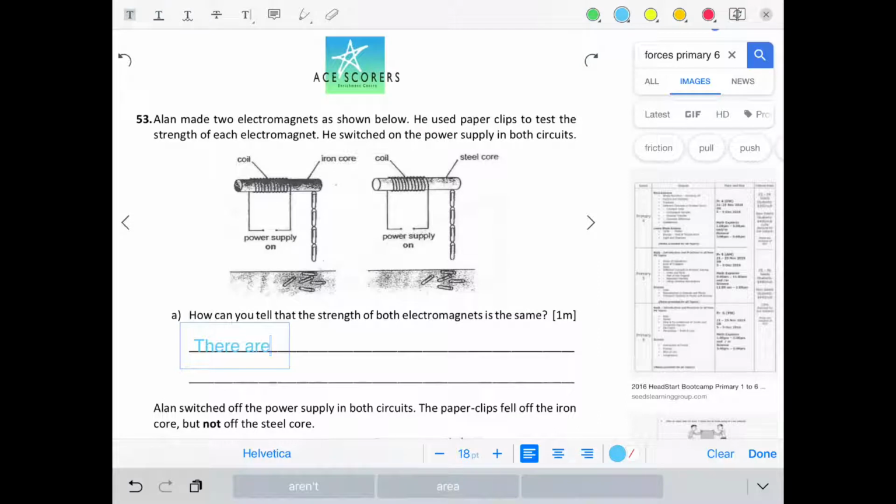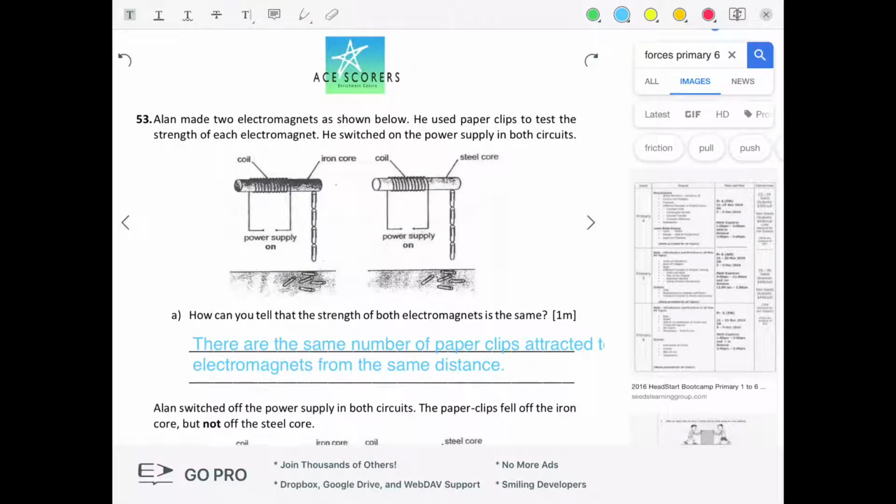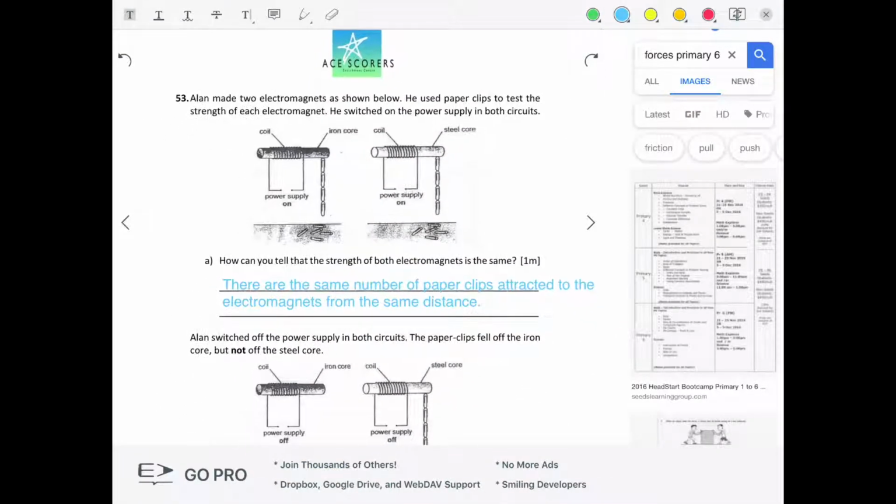They are the same number of paper clips attracted to the electromagnet from the same distance. So there are two things you have to talk about: the same number of paper clips plus the same distance.